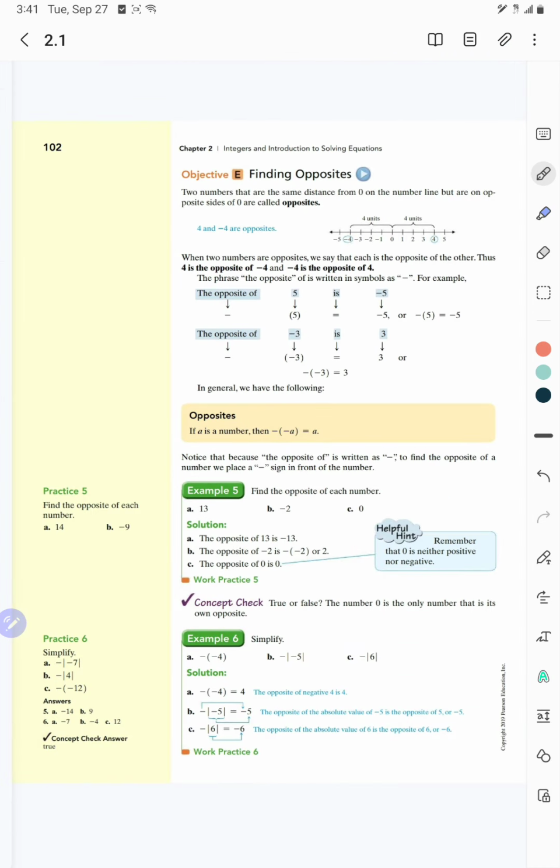So absolute value is distance from 0, and we also have opposites. When you see a negative, you can read it as negative as well as the opposite of.